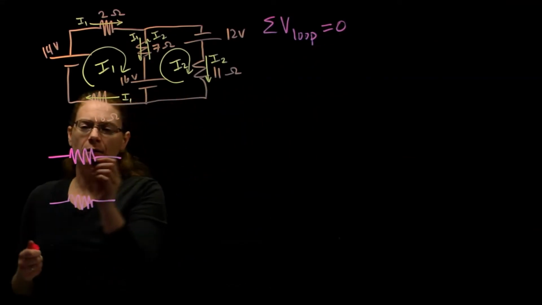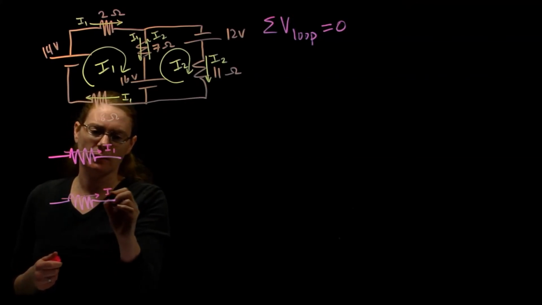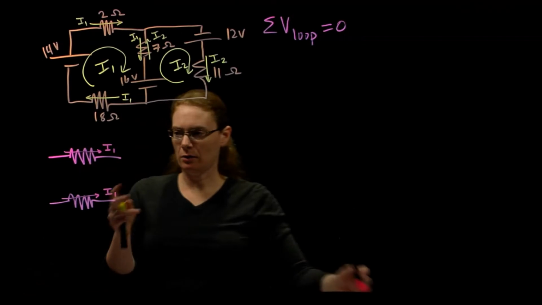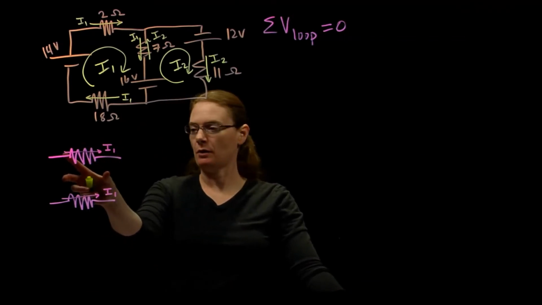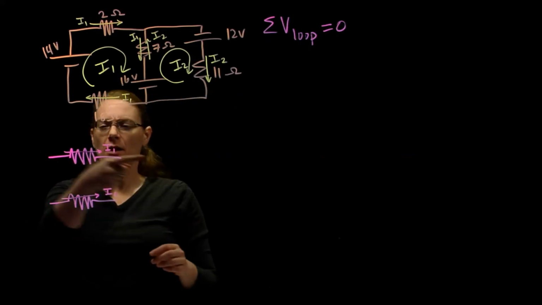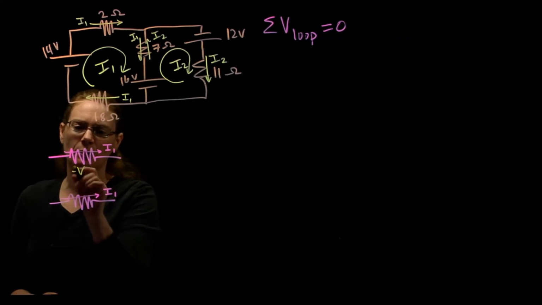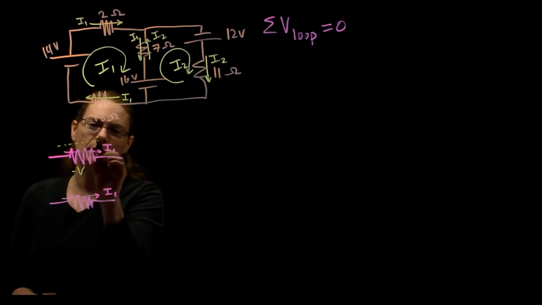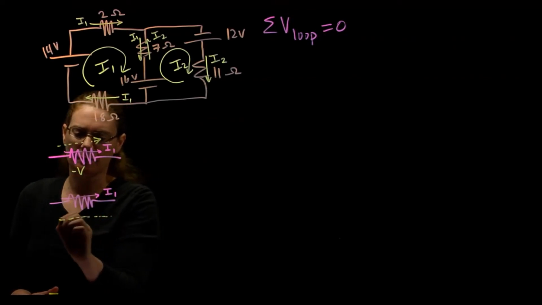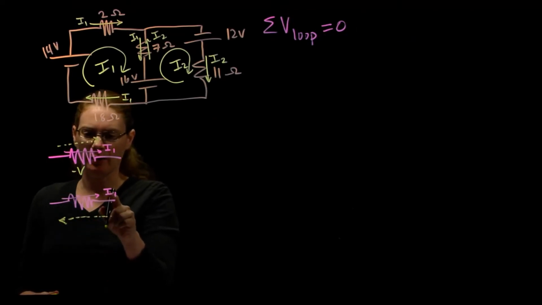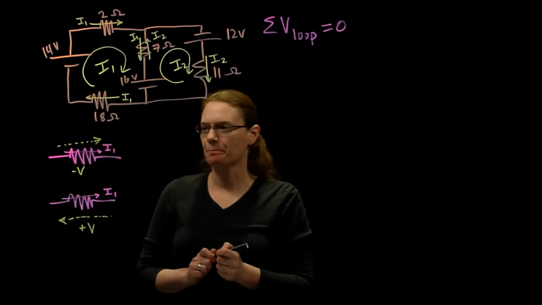So when I have a current going in this direction through a resistor, I'm going to have a voltage difference across it. If we're walking this way through that resistor with the current, there's a voltage drop. If we're walking the other way through that resistor, we're going from the low end to the high end, so we have a voltage increase.